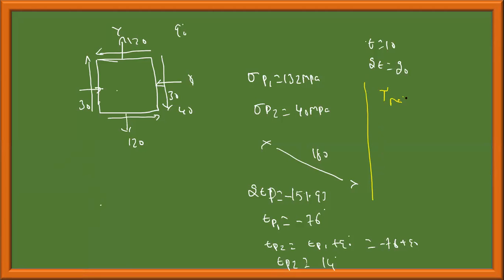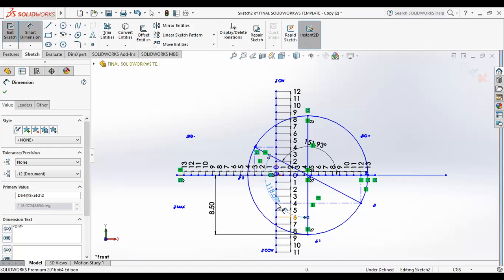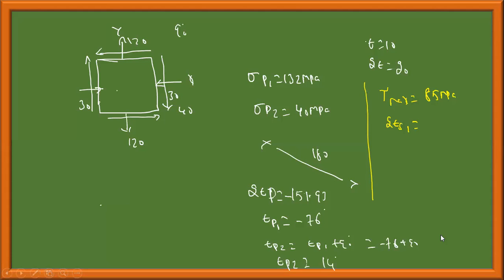Tau max is equal to 85 MPa. 2 theta S1, which is equal to how much we got? 118 degrees. 2 theta S1 is equal to 118 degrees, or theta S1 is equal to 59 degrees.